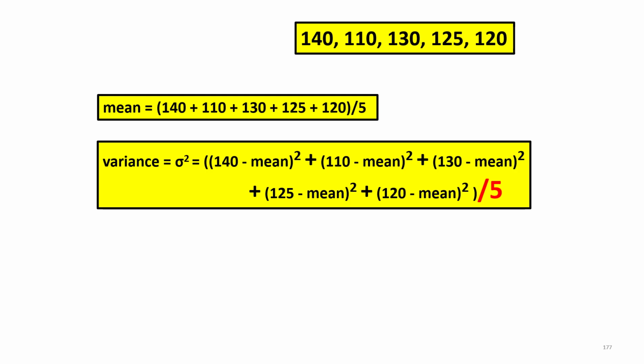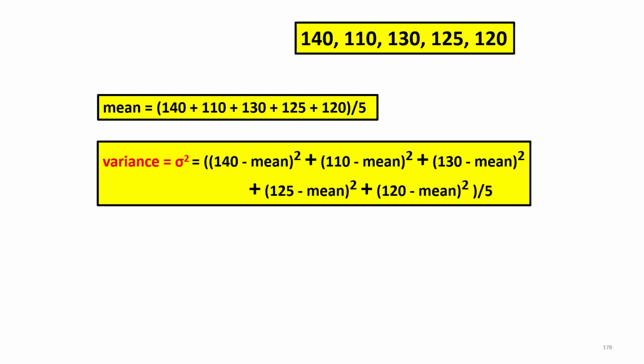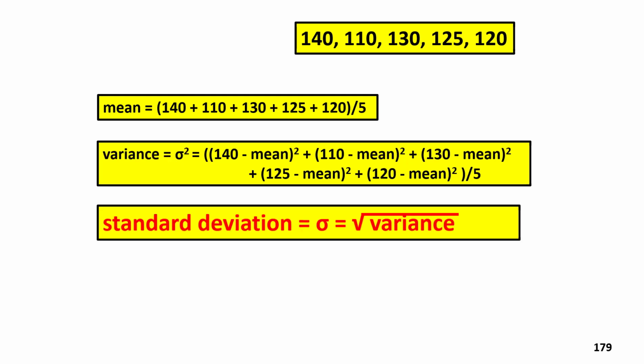The number you get is the variance, sigma squared. Once you have that variance, the standard deviation is simply the square root of the variance.